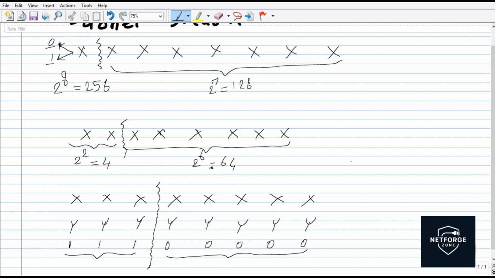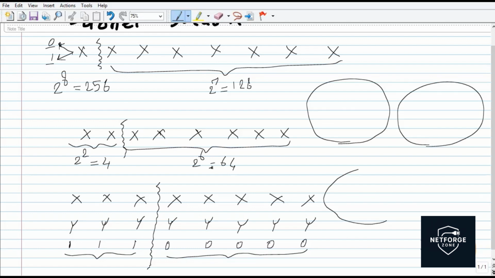So this means that I have 4 different sections. This is my second, this is my third, and this is my 4th. So I have sections 0, 1, 2, 3.